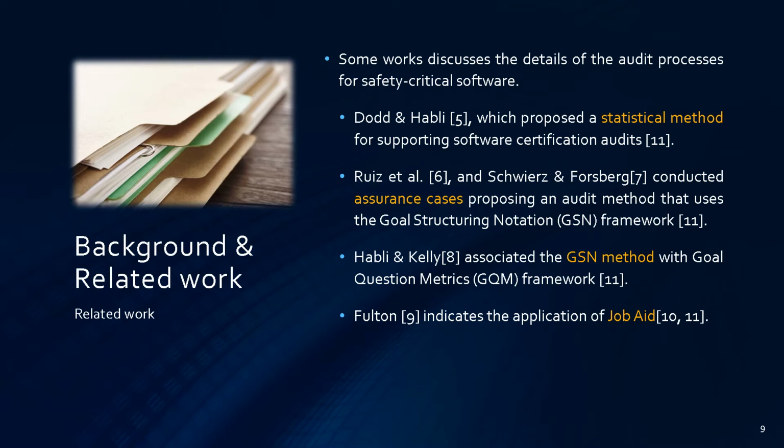In another paper, this same framework was associated with goal question metrics. Besides, there is a paper that discusses the use of the job aid set of worksheets by regulation authorities and their representatives. However, the FAA has discontinued the job aid and is no longer available to be consulted.